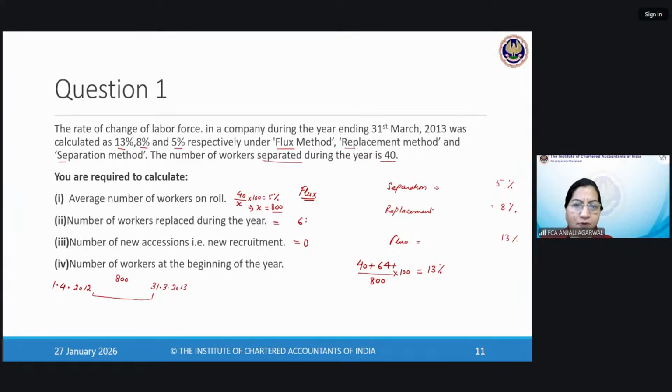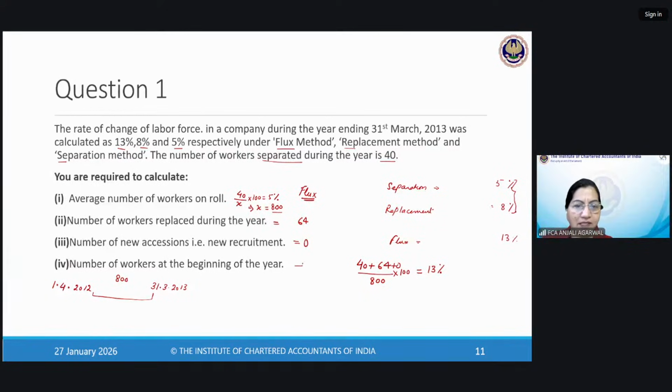Replaced 64, average number of workers 800, right? So 40 separated, 64 replaced, 0 new accession. So 40 plus 64 plus 0 will give you 13%. So very clearly, when you see that the separation plus replacement is equal to flux, 8 plus 5% is equal to 13%. If flux would have been 14, 15%, then there would have been new accession.